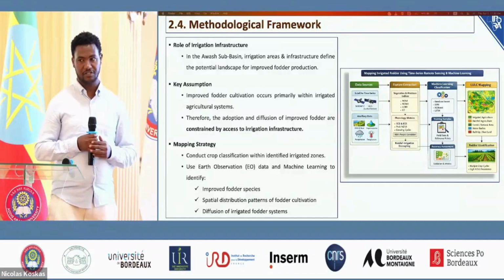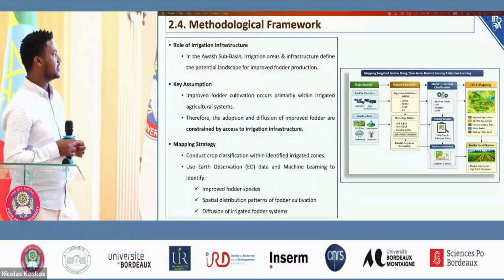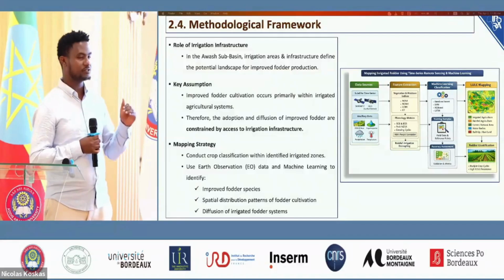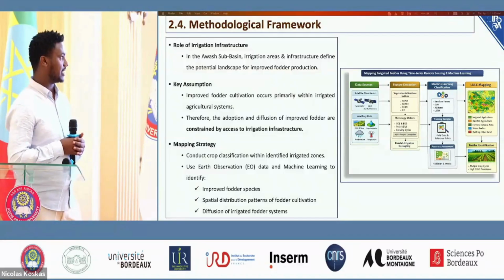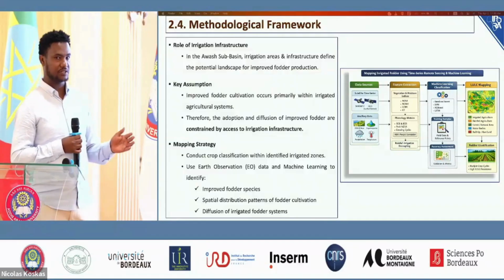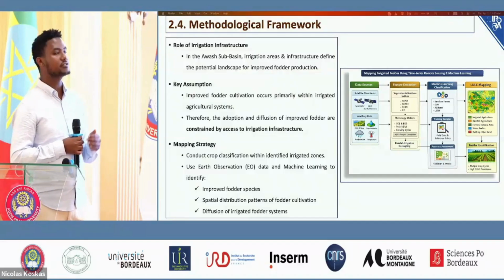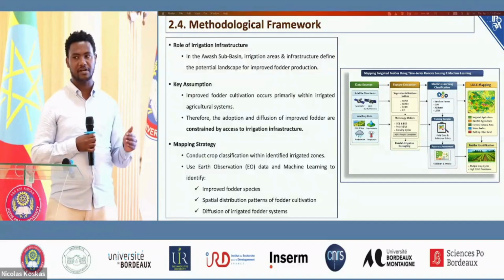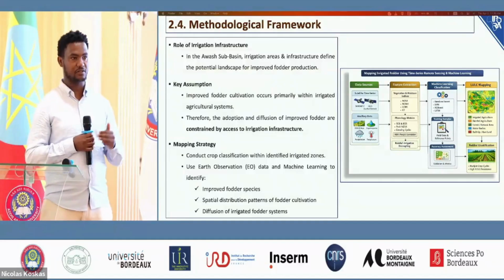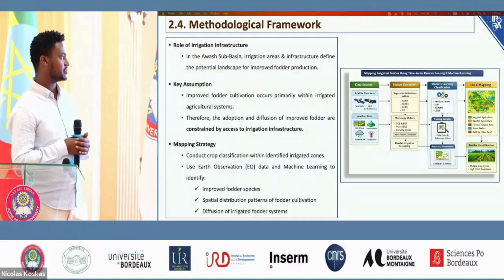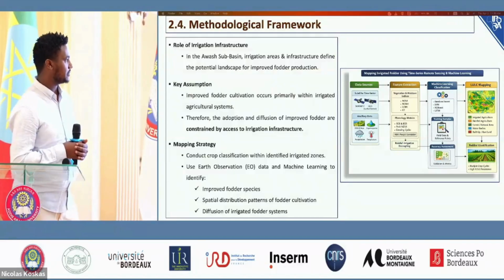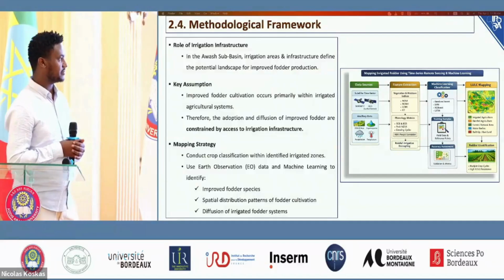But the key motivation here is that in Afar, improved fodder cultivation primarily occurs near irrigation-based agriculture. It is limited to this agriculture. Therefore, the adoption and diffusion of improved fodder are constrained by access to irrigation infrastructure, due to availability of water and other irrigation-based infrastructure.